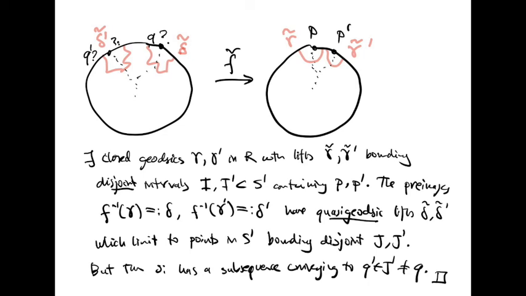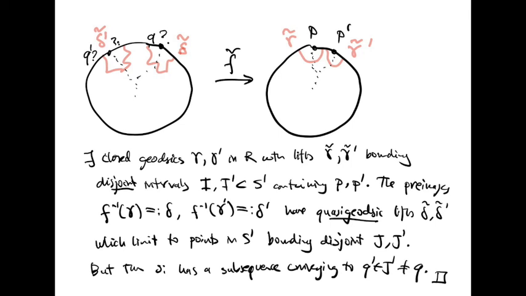The sequence R_i has subsequences converging to P and P prime, so the preimage S_i has subsequences, one of which enters the domain bounded by delta twiddle and one of which enters the domain bounded by delta twiddle prime.